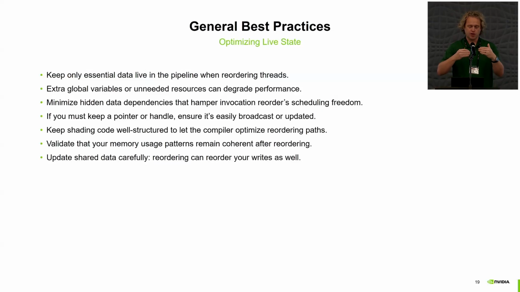So you want to give the implementation the ability to, as much as possible, rematerialize, have as little live state as possible live across the reorder call, and of course make sure that your memory usage is correct with reordering, because you might end up in a different place.